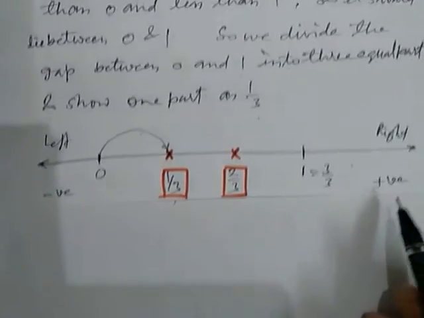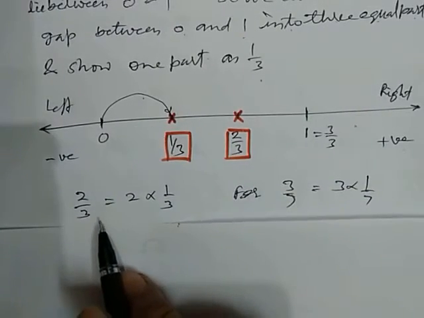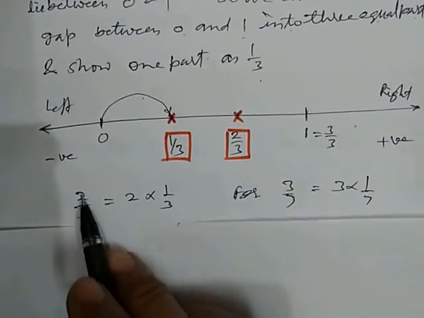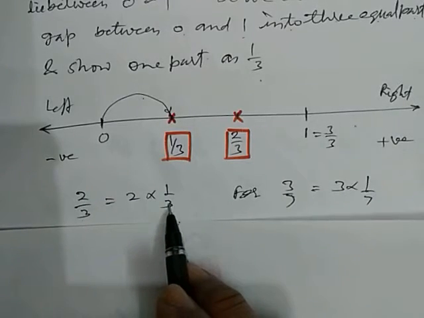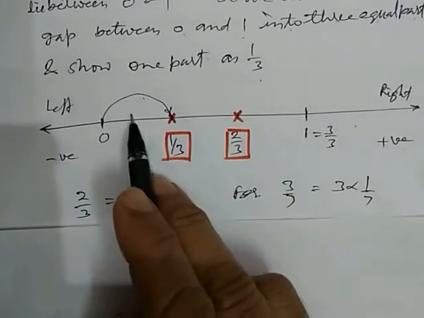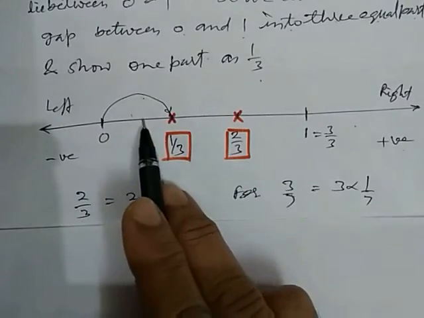But if we want to represent 2 by 3, then what do we have to do? 2 by 3 can be written as 2 into 1 by 3. We know all these parts are equal and each is 1 by 3.